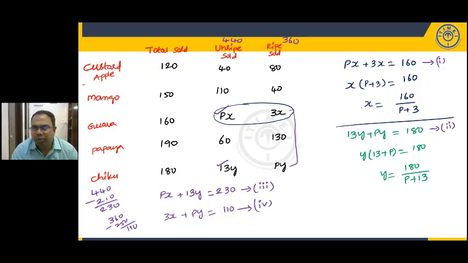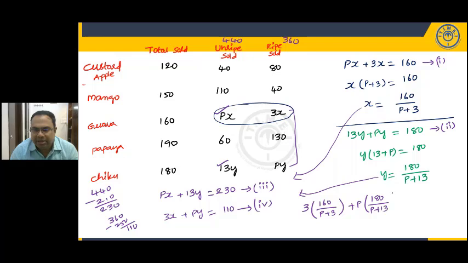Now you can use these values and substitute anywhere. The second one has relatively smaller numbers. Let me substitute here: 3 into, in place of x, 160 by P plus 3, plus P into, in place of y, 180 by P plus 13, is equal to 110.